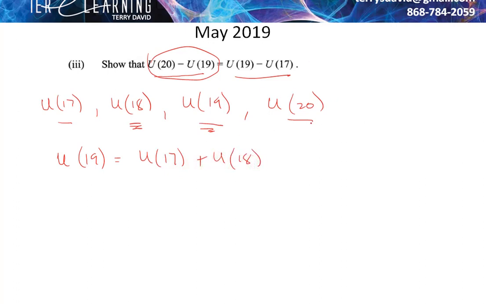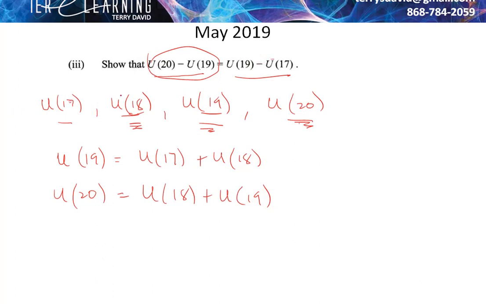And also to get my 20th term, my U20 is equal to my 18th plus 19th, so U18 plus U19, right?